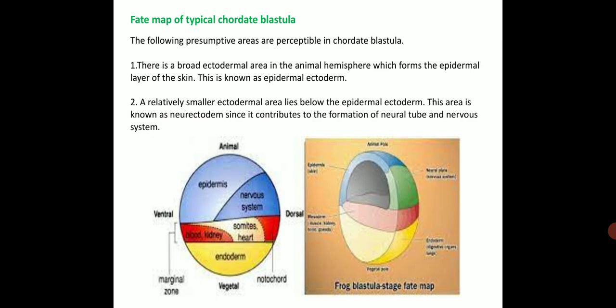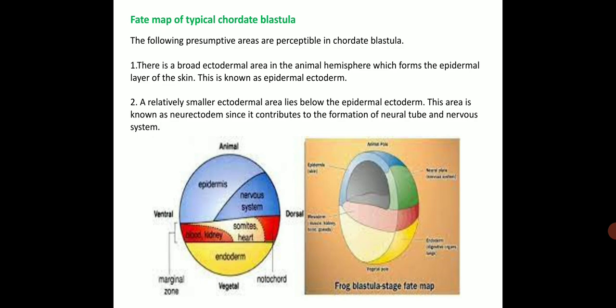Moving on, let us take the fate map of a typical chordate blastula. There are many diagrams and pictures you can see at the blastula stage. Here there is a broad ectodermal area in the animal hemisphere which forms the epidermal layer of the skin.